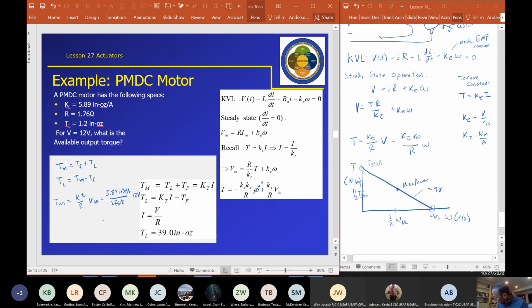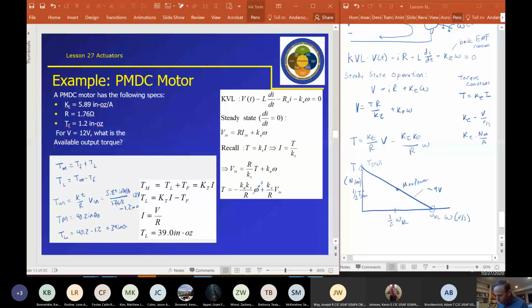If we crunch the numbers there, we'll get that T of motor is 40.2 inch ounces, and then T available for the load or for the output will be 40.2 minus 1.2, or 39 inch ounces.